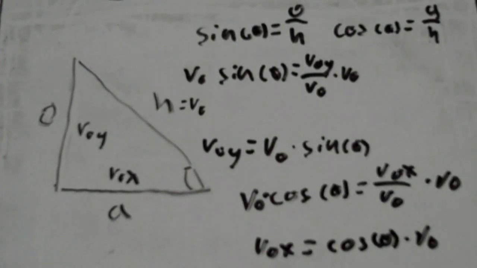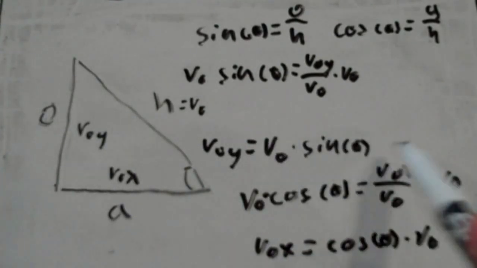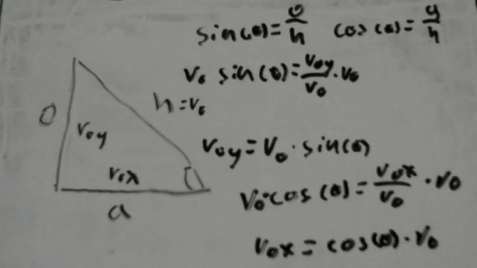So, we can now substitute the initial horizontal velocity for this, and the initial vertical velocity for this, which gives us one less unit. Well, it doesn't really give us one less unit, but it gives us a combined velocity and then the angle. Now we have yet another step.